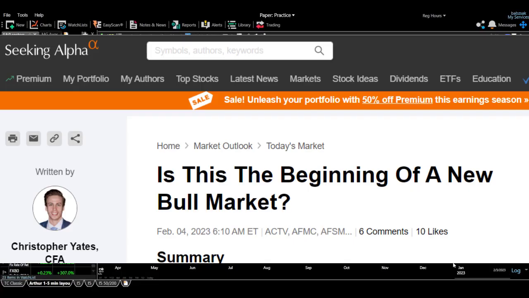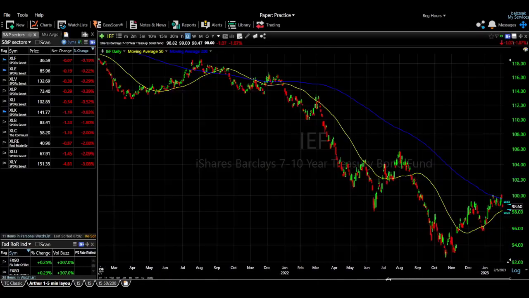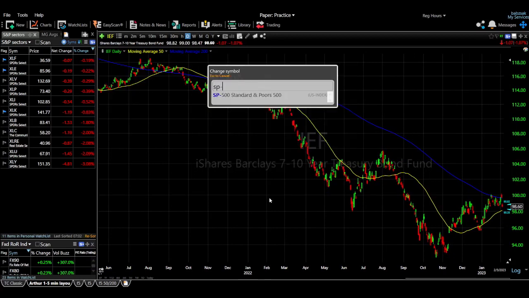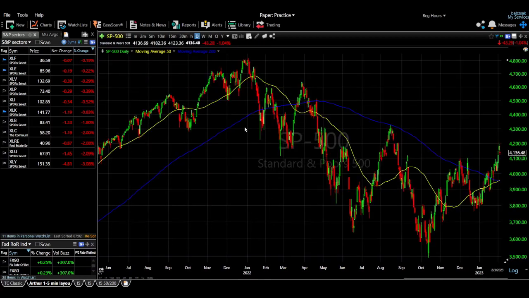So I go by price action. Basically, we have a primary downtrend over here. We're looking at IEF, but we can look at the S&P 500. I look at this in terms of higher highs, higher lows, or lower highs, lower lows. So this over here was a primary downtrend.